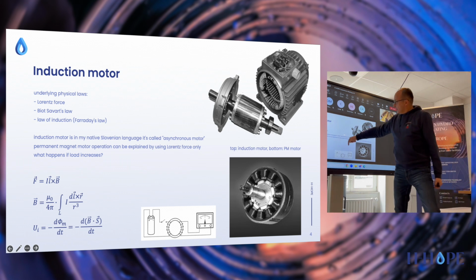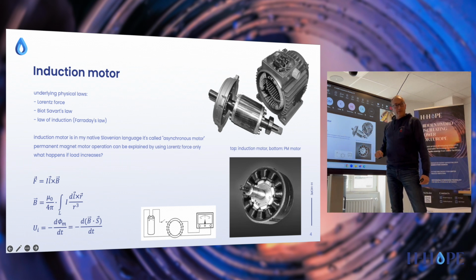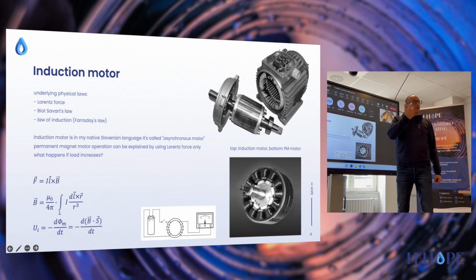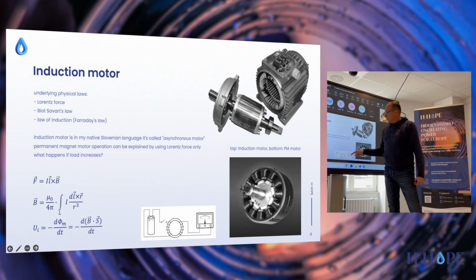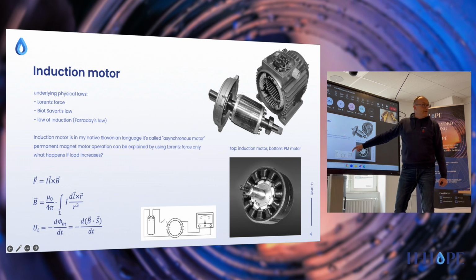So whenever you press the switch here on the left, on the primary side, you create a magnetic field, and this secondary coil gets what we call induced voltage. You measure the change of voltage with the voltmeter.